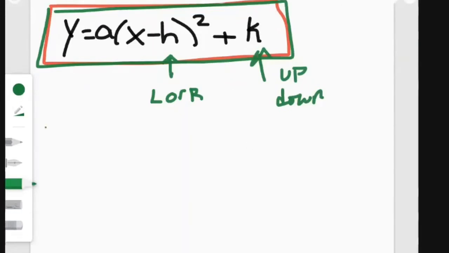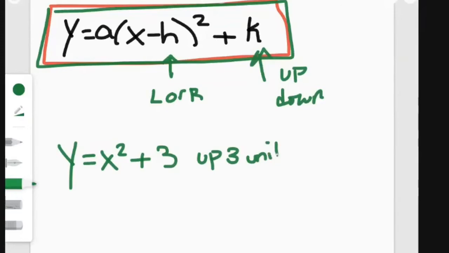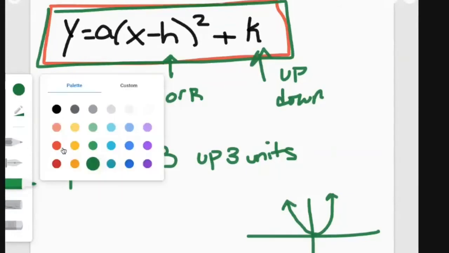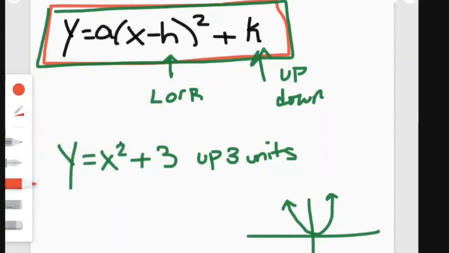To give you an example of what we did last week, if we have y equals x squared plus 3, because it's not inside parentheses, this means we are moving up 3 units. Now, when asked for the vertex, if this is a normal graph of a parabola, if I wanted to graph y equals x squared plus 3, normally it starts at the origin, I would go 1, 2, 3.